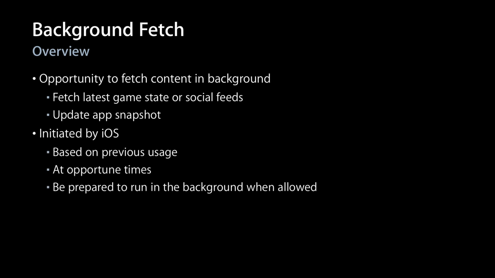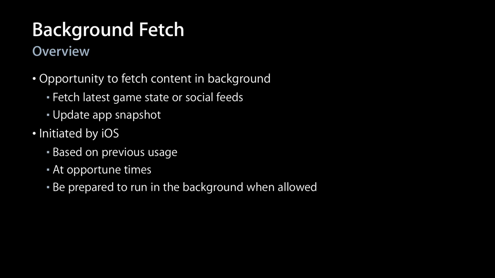Now, as I mentioned, both of these new things are really initiated by iOS. And in the background fetch case, we'll take two things into consideration. One is, we'll base it on previous usage of your app. So we're looking out for patterns in how people use your app throughout the course of a day.